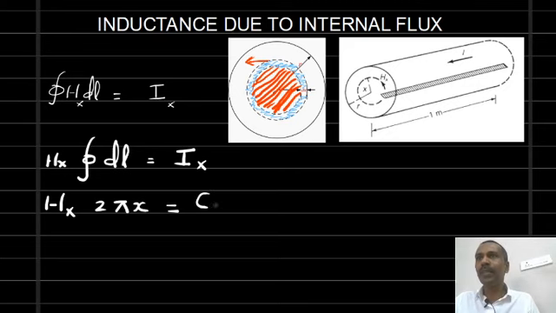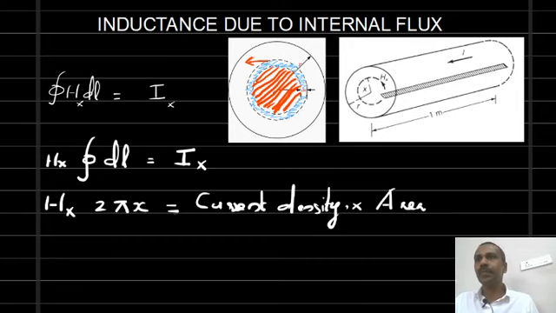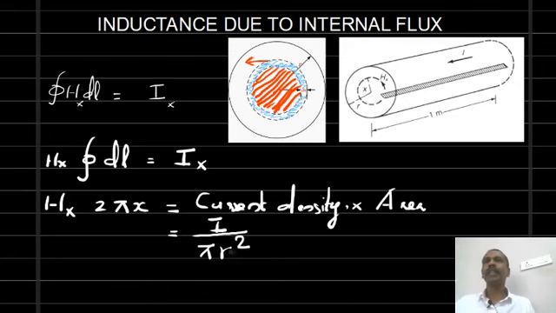We have to use the formula current density into the area we consider. The current density can be calculated as the total current divided by the total area. Here the total area is pi r square into the area that we consider, that is pi x square. Actually this is the current flowing through that reddish area.